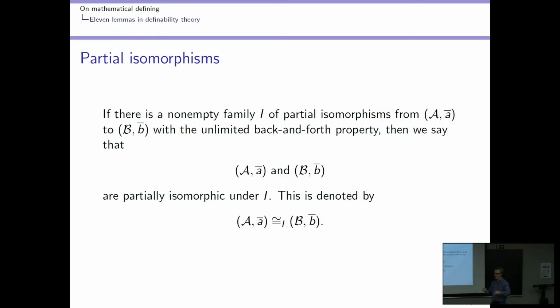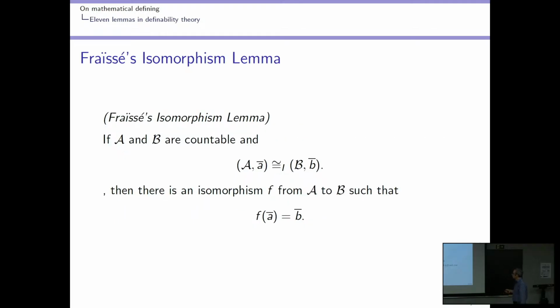In some cases this approximation may not converge to an isomorphism, but in some cases it may converge, right? And so Fraïssé's isomorphism lemma gives us a case in which the approximation by partial isomorphisms converges to a global isomorphism. And the case is when structures are countable.